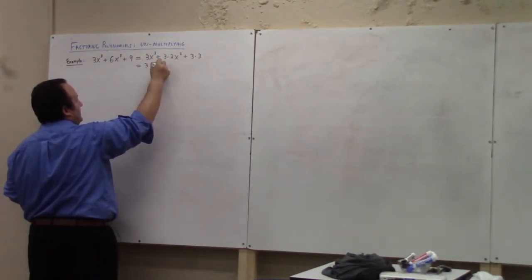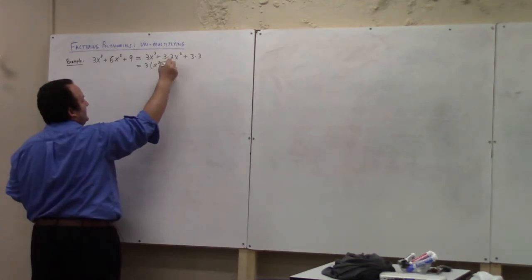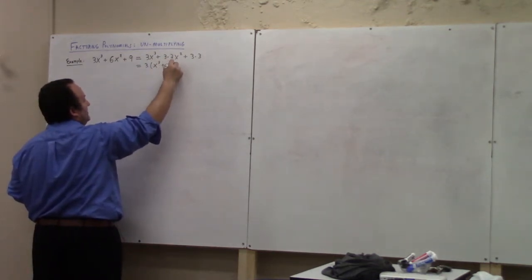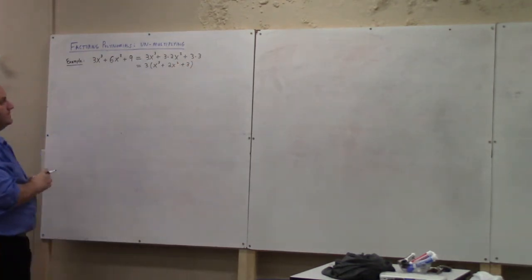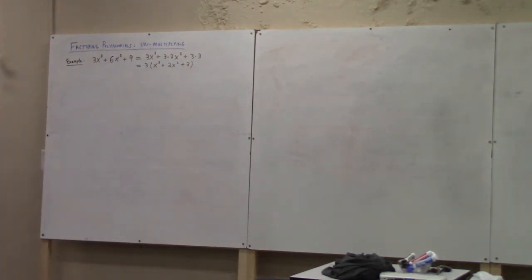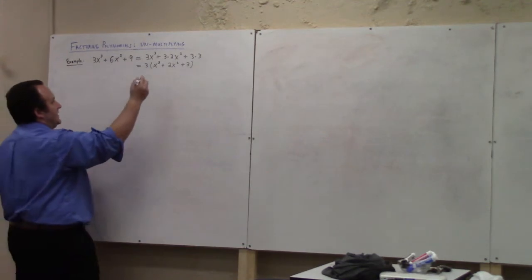It's called the distributive property. 3 times x cubed plus 2x squared plus 3. All right? And that would be as far as I would go here. I mean, that's an example of factoring anyway.